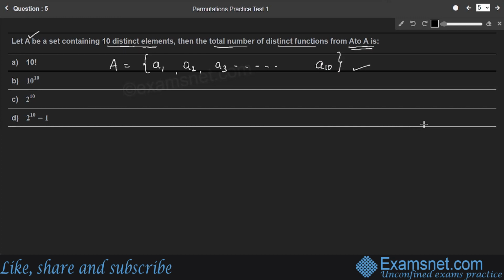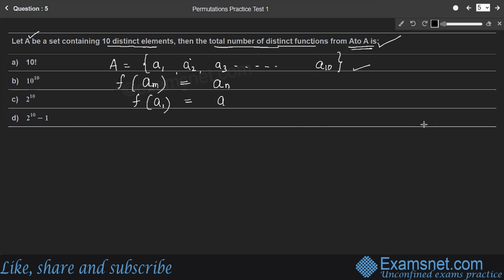So here, the total number of distinct functions from A to A. That means we'll consider a function f of Am is equal to An, because the function is from A to A. That means if you consider f of A1, this will be equal to one of the elements in the given set.